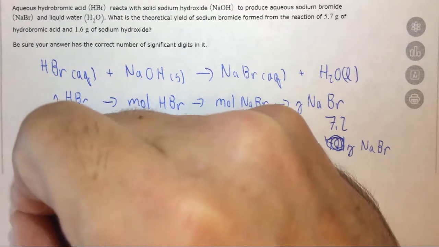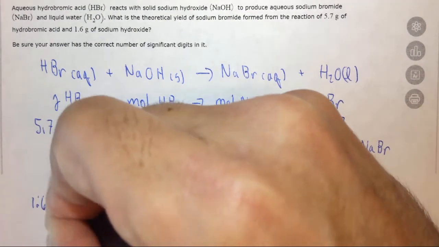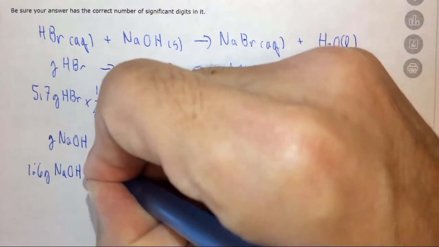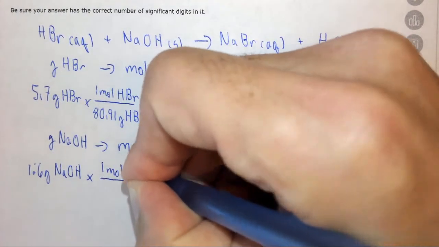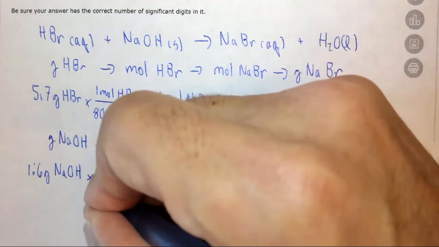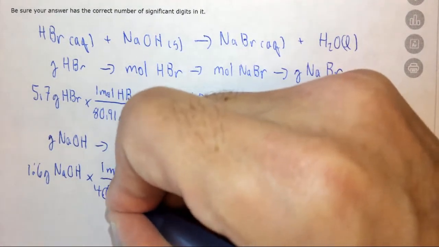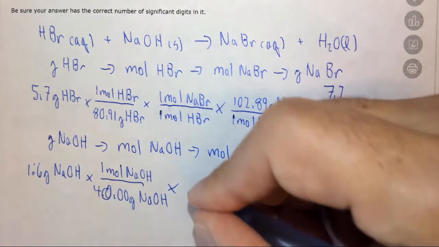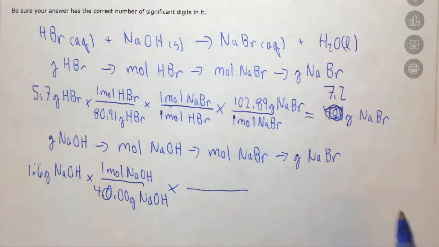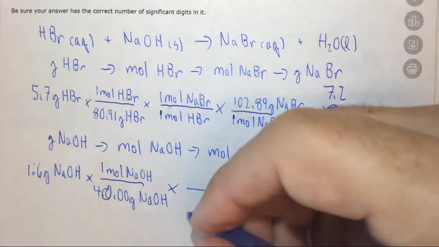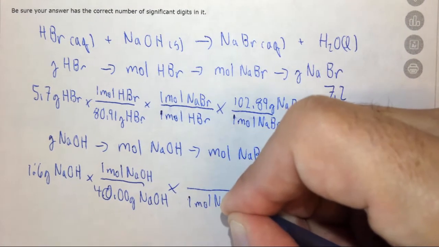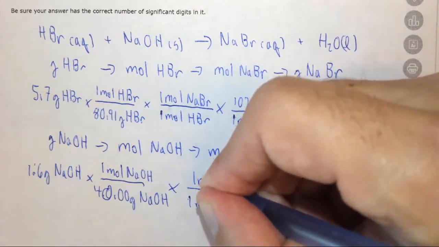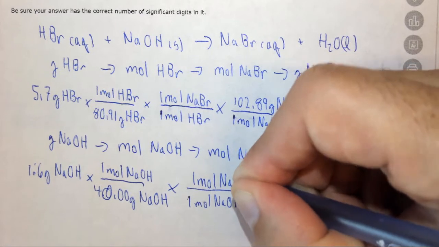So starting with 1.6 grams NaOH times 1 mole of NaOH on top, the molar mass of NaOH, which is 40.00 grams of NaOH on the bottom, times, now we need to use the balanced chemical equation, so 1 mole NaOH on the bottom, and on top, 1 mole of NaBr.